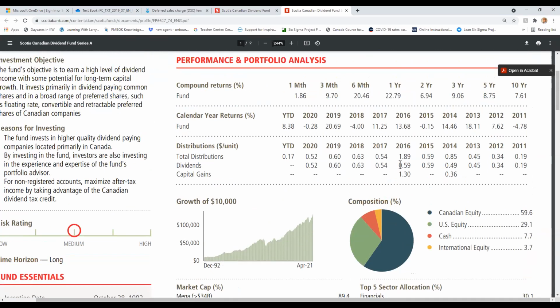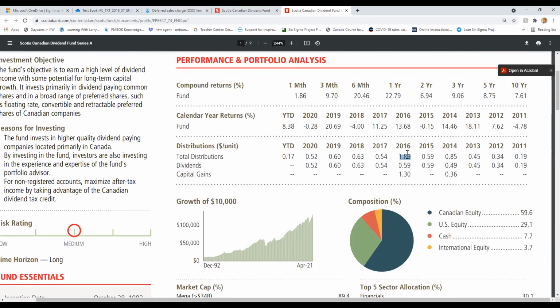There's 59 cents per share that you got in dividends. And remember, when you get your T3 slip or your T5 slip, it will mention you have got so much in dividends. Now, let's suppose you bought 100 units. How much distribution will you get from 100 units? Can anyone tell me?